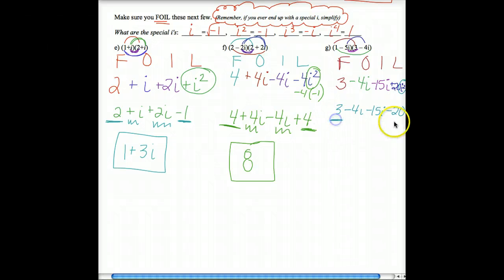So like terms here, 3 minus 20 is negative 17. And then like terms here, negative 4i minus 15i is negative 19i. So hopefully you were able to FOIL that and get that correct. If not, correct it on your paper. That is it for today.